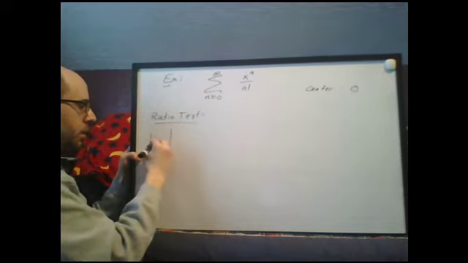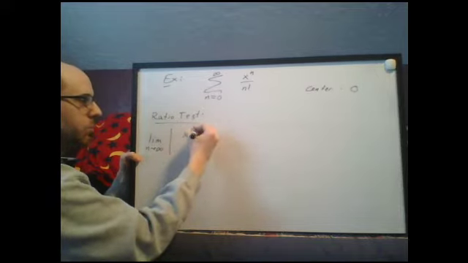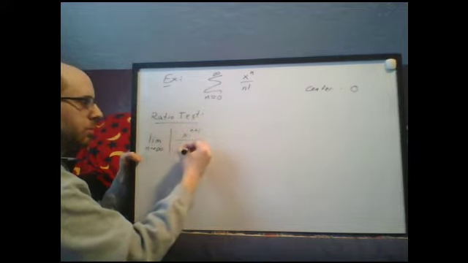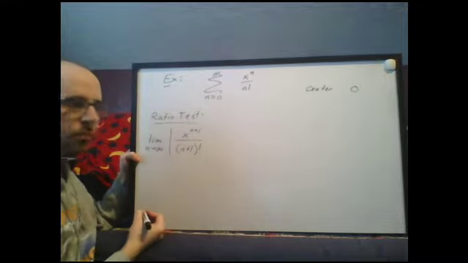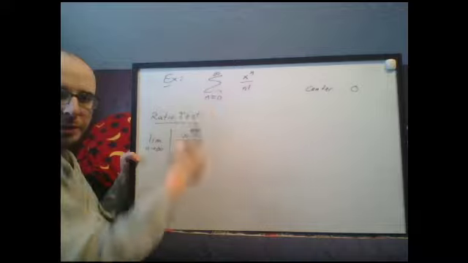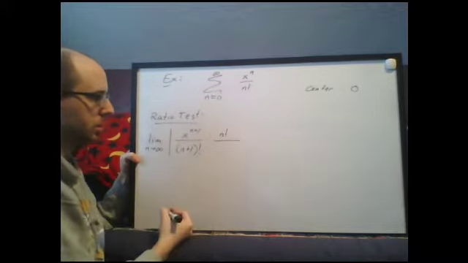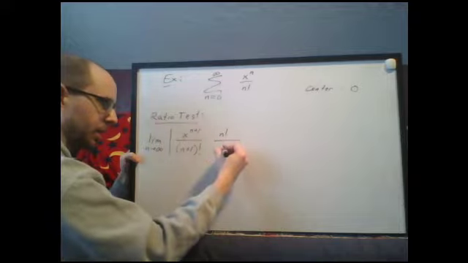With the limit of the absolute value of x to the n plus 1 divided by n plus 1 factorial. That's the n plus first term times the reciprocal of the nth term. It's n factorial divided by x to the n.